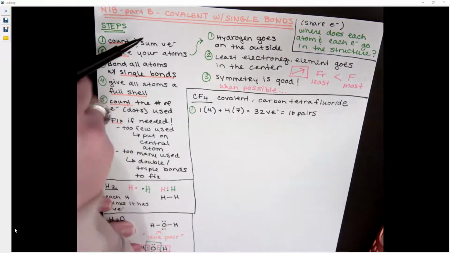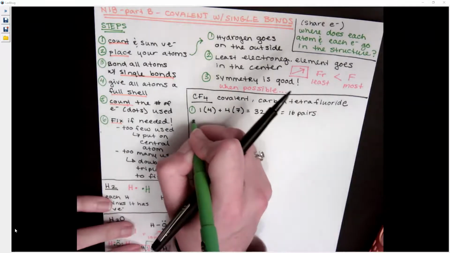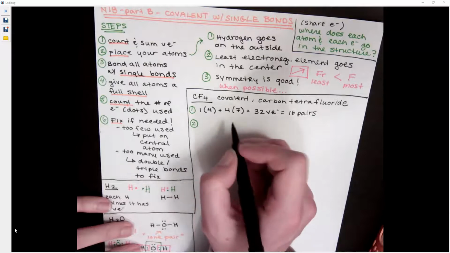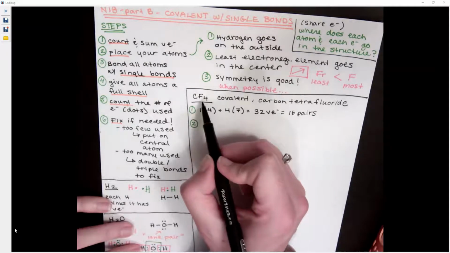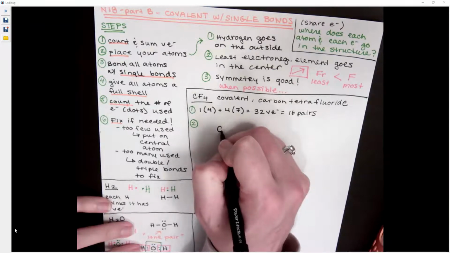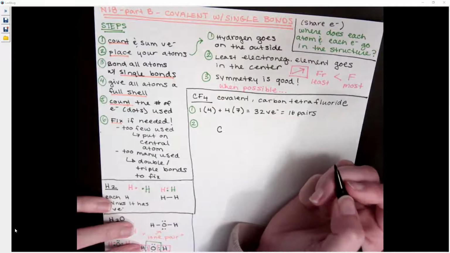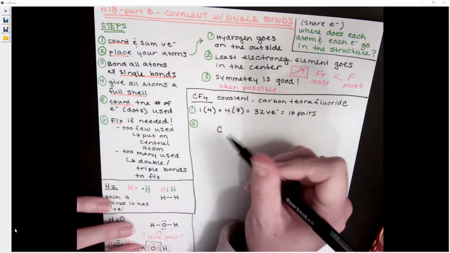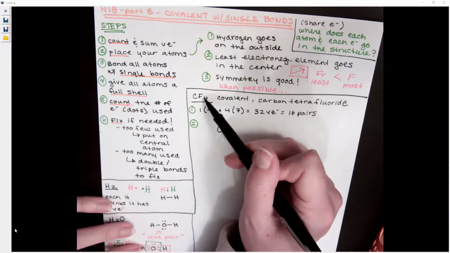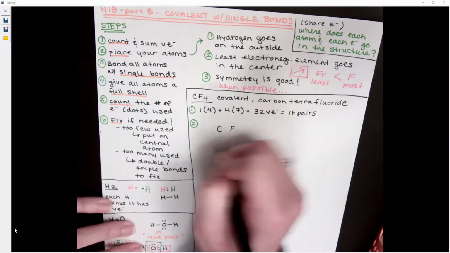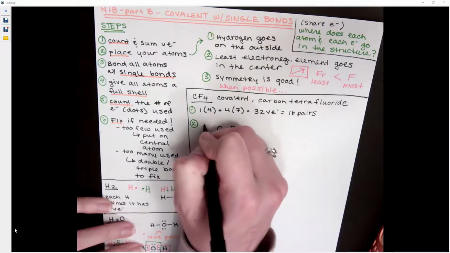So step 2 is to place my atoms. Well, if I look at this, I have carbon and fluorine. Well, carbon is less electronegative, so I'm going to put carbon in the center. Now remember, we're trying to put everything going around on the sides of the box. And if you notice, I have 4 fluorines and I have 4 sides to my box. So I'm going to put those on the outside, 1 on each side.